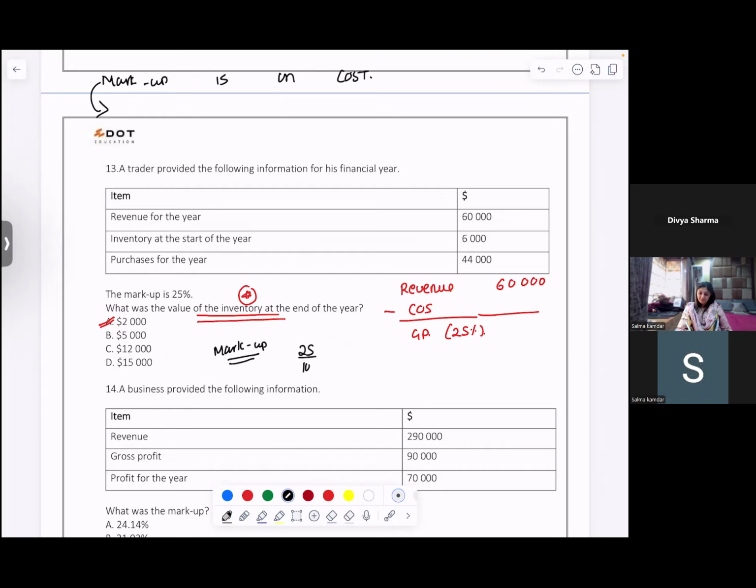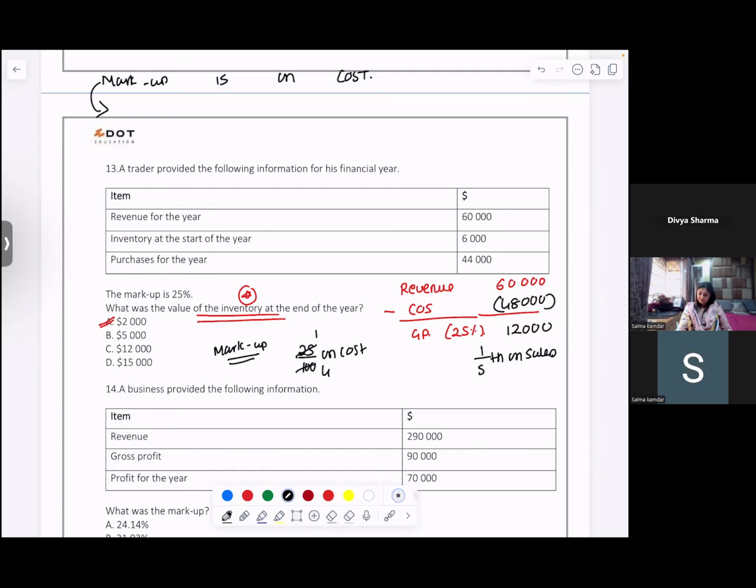It was 25% on costs, which means one fourth on costs, so it will become one fifth on sales. So it's 20% of 60,000, which will give us a gross profit of 12,000. Then we'll minus 12,000 from our revenue, which will give us cost of sales of 48,000.